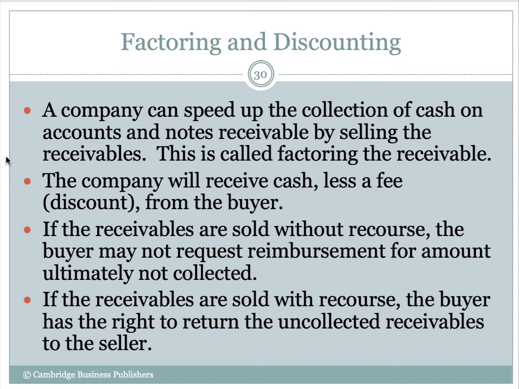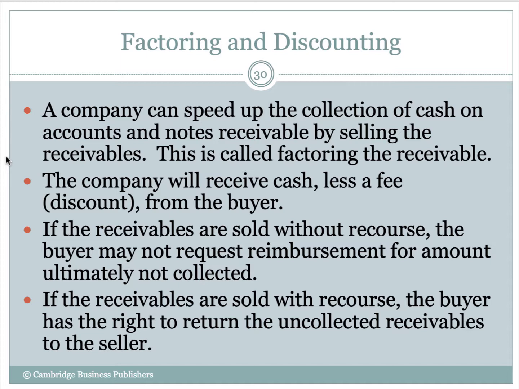Okay, well, I'm smart, at least I think I am. So you approach me and say, I want to sell $500,000 worth of receivables. This time I say, sure, I'll buy them off you, but I want them sold with recourse, which means I, as the buyer, have the right to return to you any uncollected receivables.